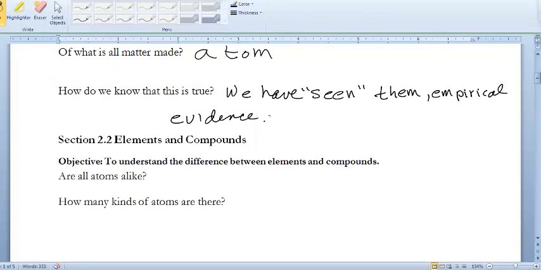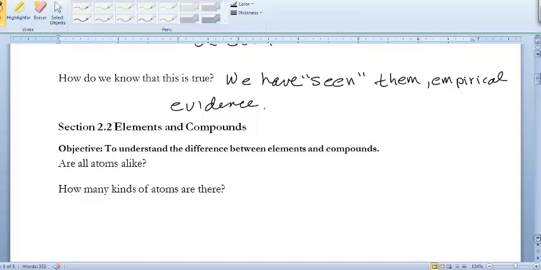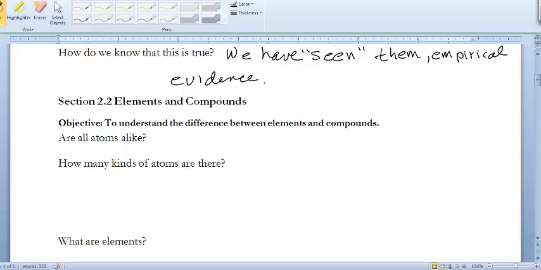So for atoms in general, what are atoms? Are they all alike? Atoms are not all alike. They tend to be very unique. When we think about atoms, what I want you to think about is that there are atoms of gold, and the symbol for gold is Au on the periodic table. And there are atoms of iron, and the symbol for iron is Fe.